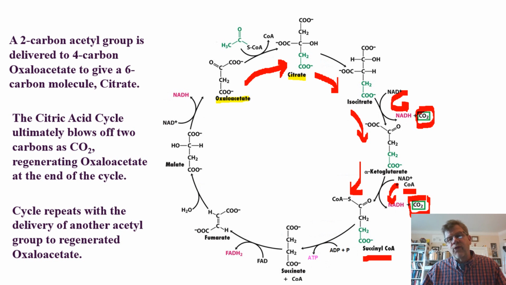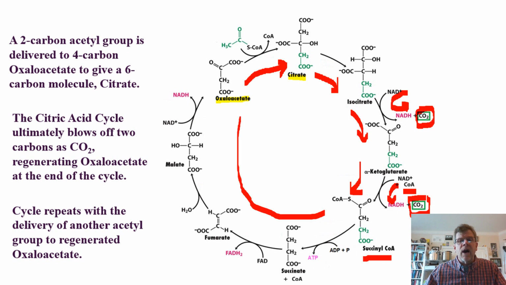So again, 4 carbons. Now we have the rest of the citric acid cycle. Now that we've used up all of the carbons in that 2-carbon acetyl group that was dumped into the citric acid cycle, the rest of this cycle is going to be reforming oxaloacetate. And we're going to take a look at how that works.